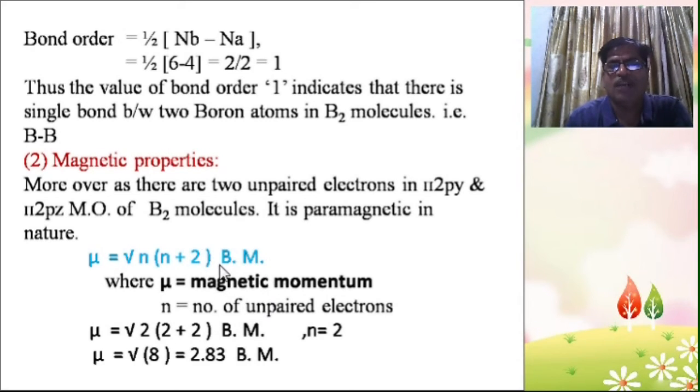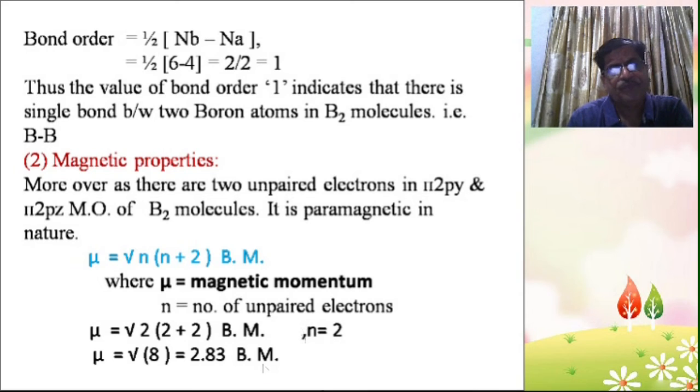So how many unpaired electrons are in the B2 MO? There are 2 unpaired electrons, one in 2py and one in 2pz. So we put n is equal to 2. So 2 into 2 plus 2, the square root of 8, whose value is 2.83 Bohr magneton.